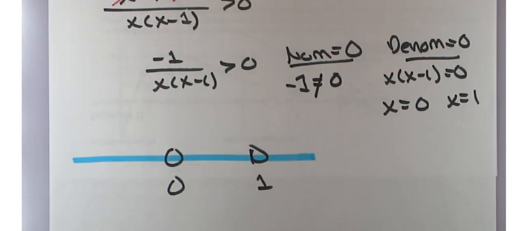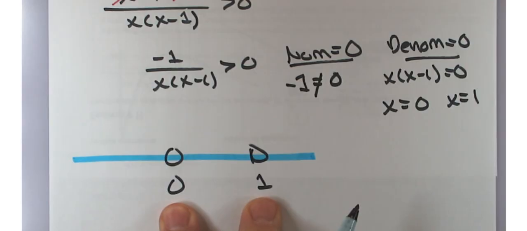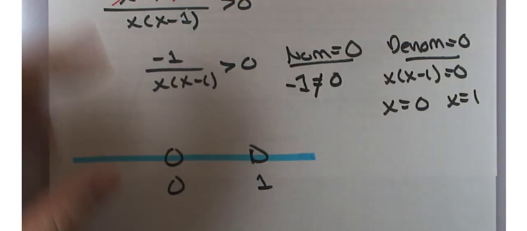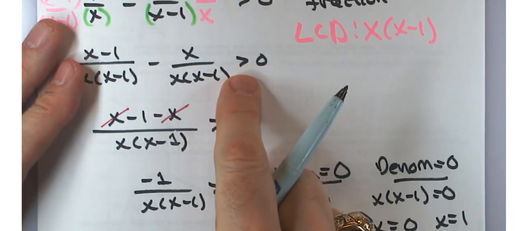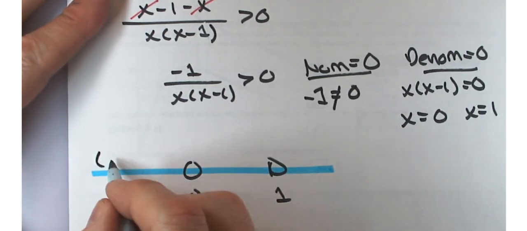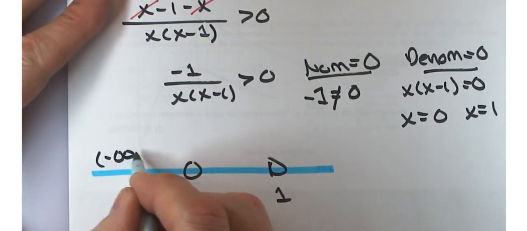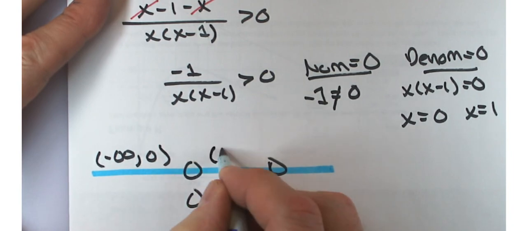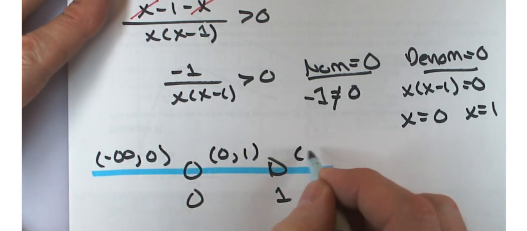They're asymptotes, so they can't be included. If you look at the graph, it's undefined at 0 and 1, so those can't be part of any solution. And going back to an earlier point, when you have greater than or less than, everything's going to get parentheses. So it's going to be negative infinity to 0, 0 to 1, and 1 to infinity.